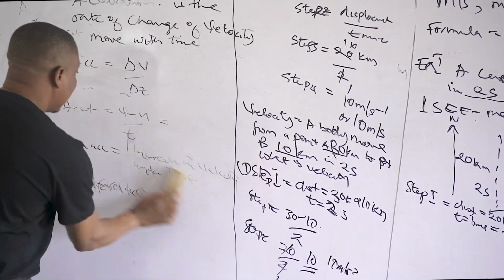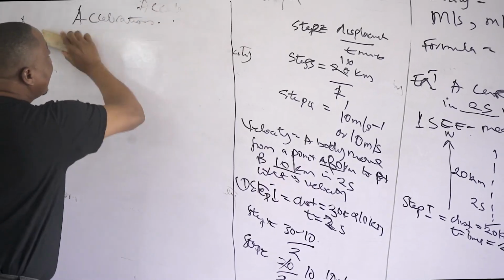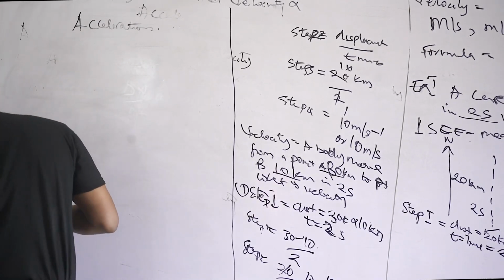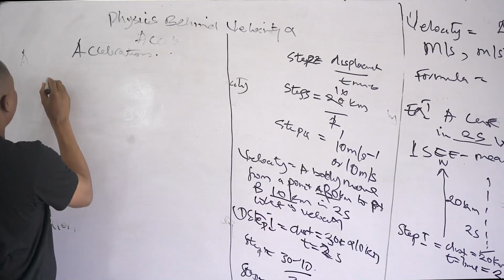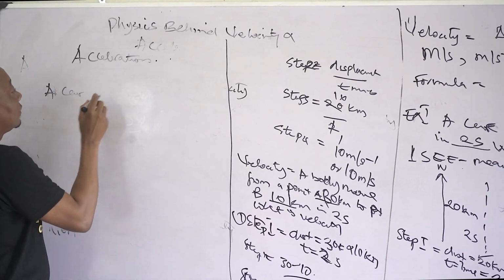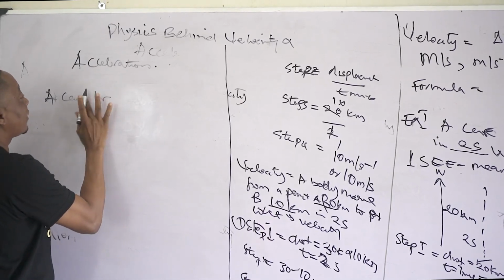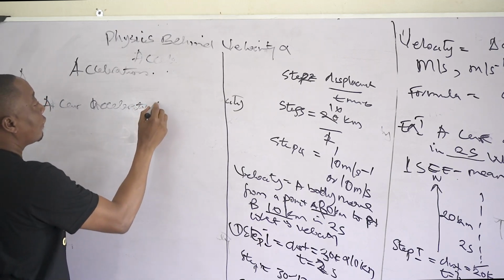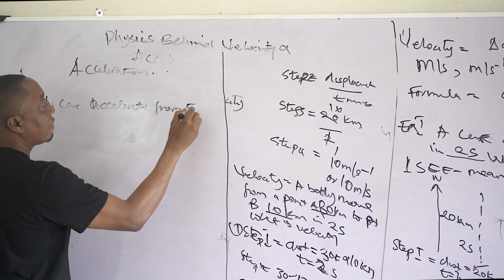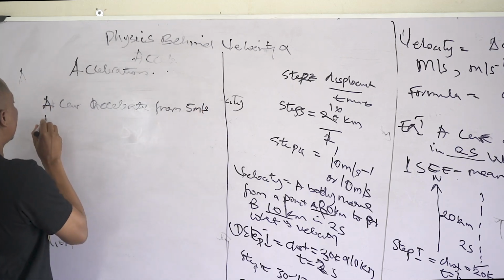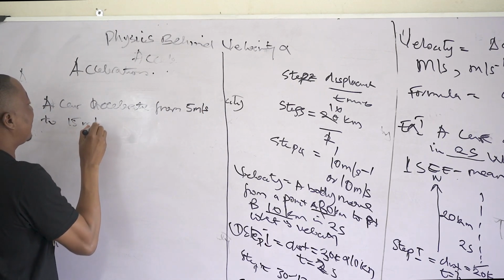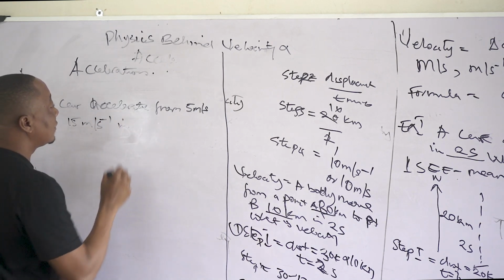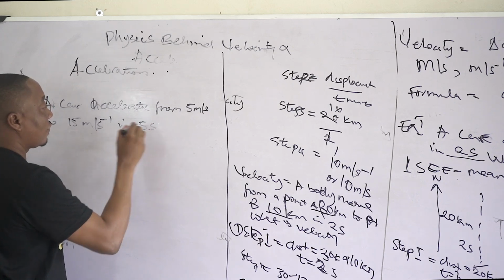So let us proceed in solving a problem in acceleration. A car accelerates from 5 meters per second to 15 meters per second in 5 seconds.